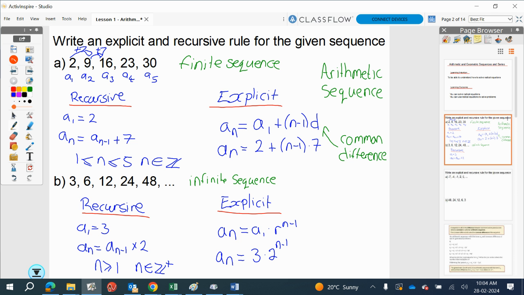Something else that will help you with this is another formula for the common ratio. The common ratio, and the reason it's called the common ratio, is given by An divided by A(n minus 1).